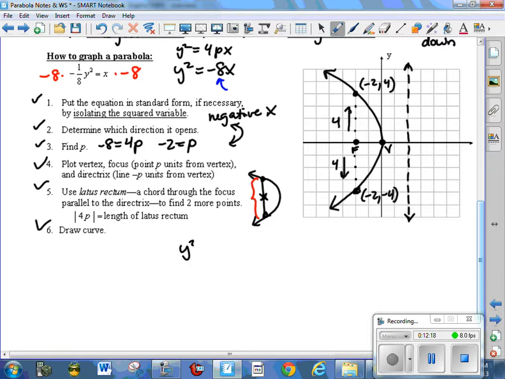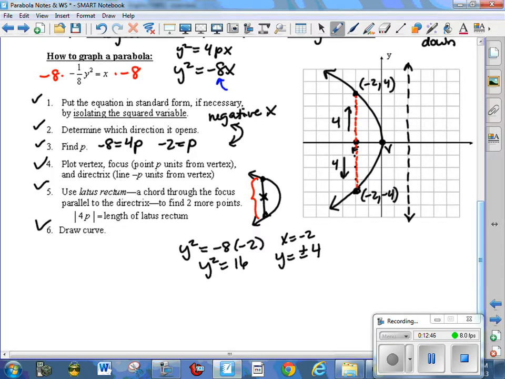So y squared is equal to -8 times -2, that's y squared is equal to 16, which means y is equal to ±4. So when x is -2, y is ±4. That's another way you can find those 2 points. But it's always true that this distance that I'm marking in red here is always going to be 4p, which is always the coefficient of the unsquared variable.